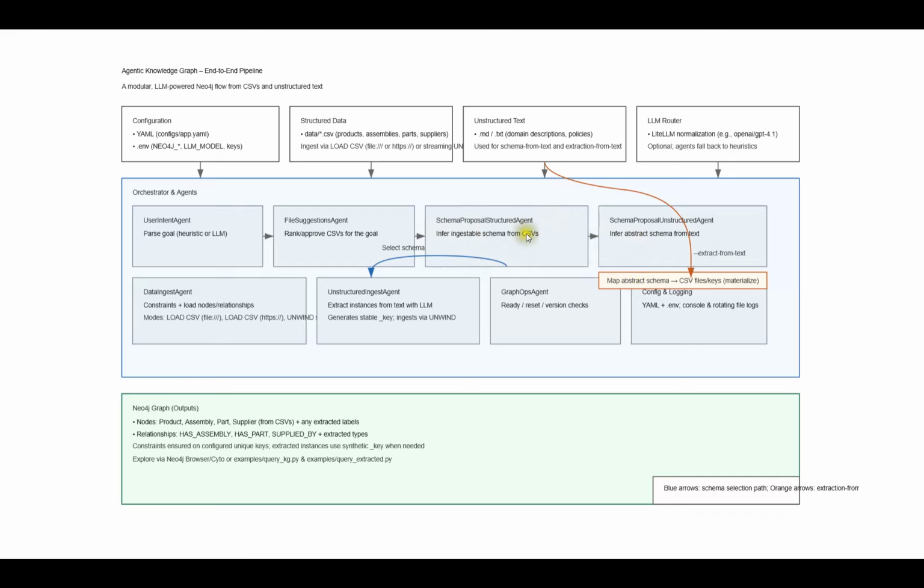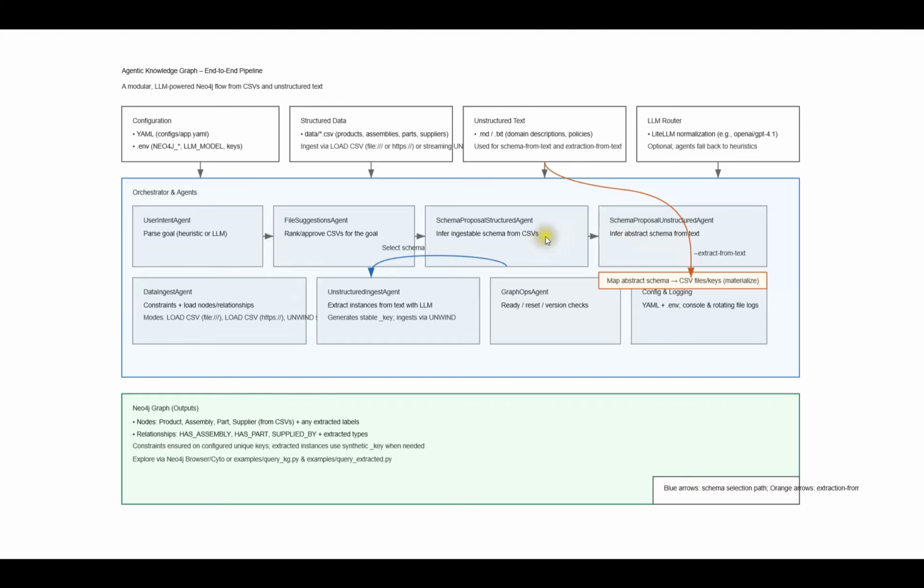We can do the same, but instead of reading the headers and attributes of the CSV files, we can use some text, like an MD file or a TXT file, which describes how we want to create the schema for the same CSV files. The data is the same, exactly the same.